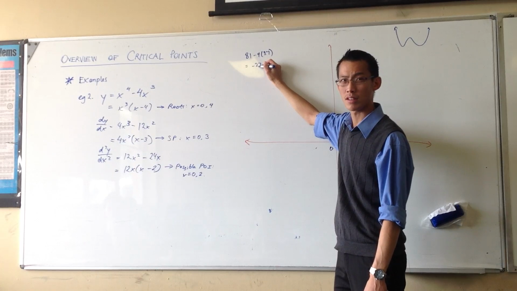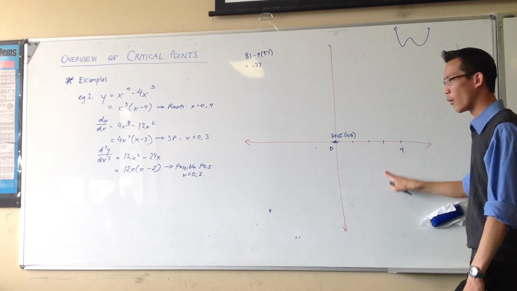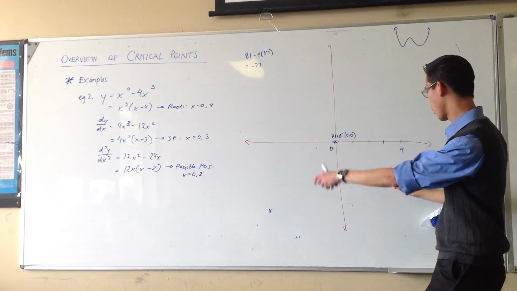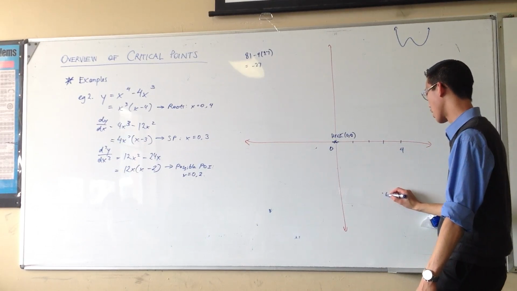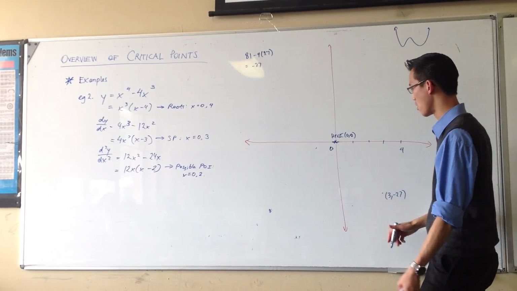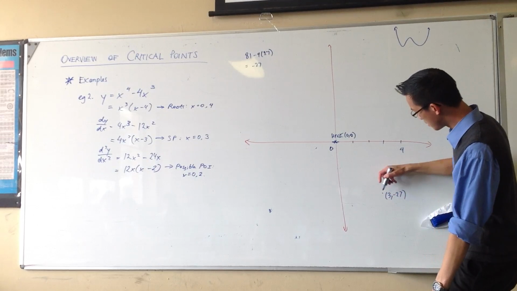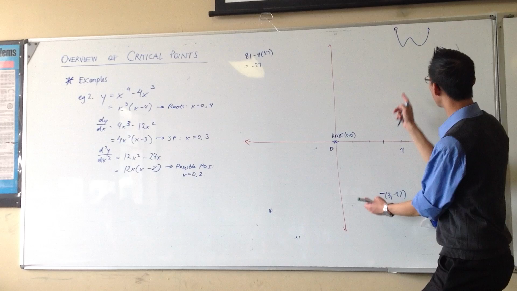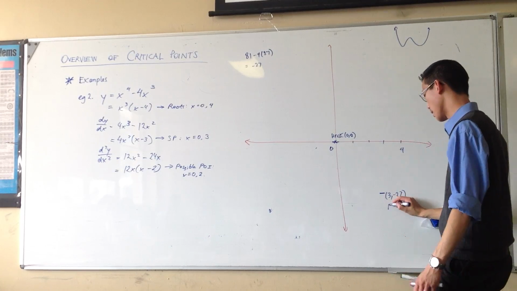That looks right, yeah? So I'm way down here. Because I haven't put anything else on, I'm just going to call that 3, minus 27. I'll have to watch for where my other points will be later on. This is going to be a stationary point, and I'm expecting it to be a minimum, because this is the shape that I'm getting.